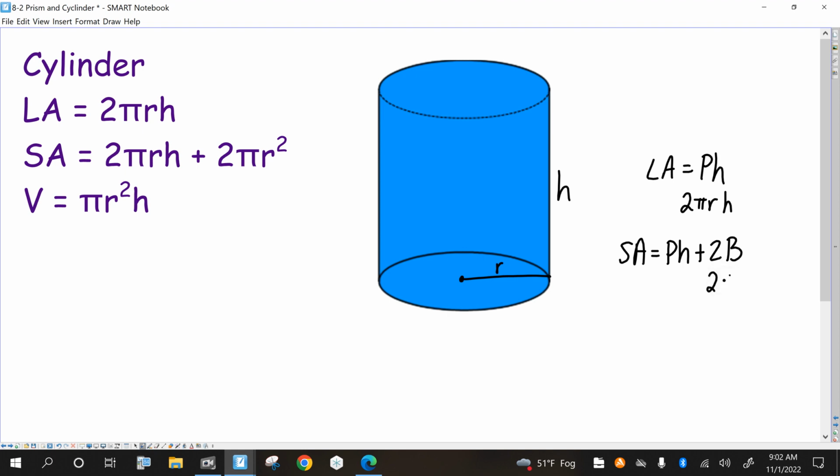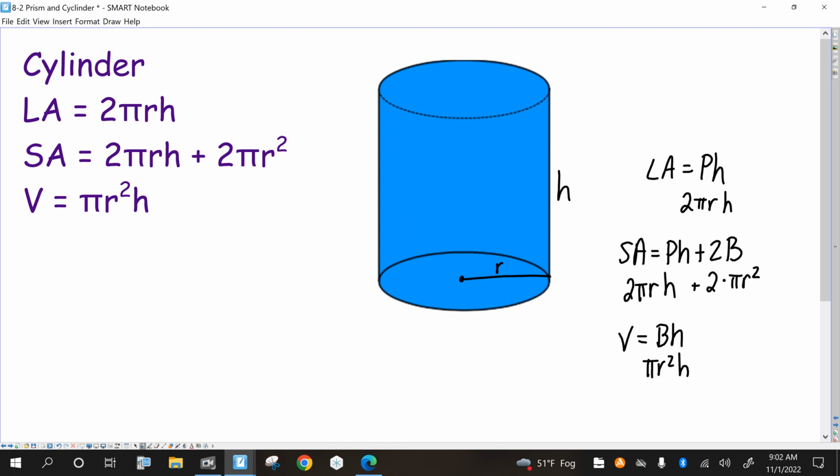So if I replace my perimeter with circumference, circumference times the height plus twice the area, ta-da, same formula. And volume is area of the base times the height. Well, if the area is a circle, pi r squared h. So these are the same formulas as a prism. We just replace all the p's with 2 pi r and all the b's with pi r squared.